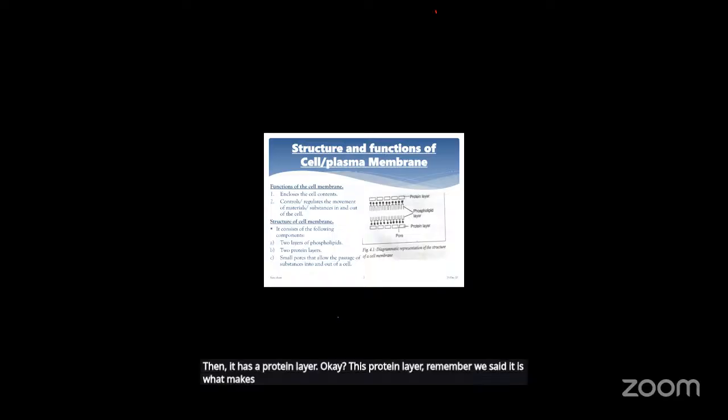Remember we said proteins are very sensitive to extreme changes in temperature.